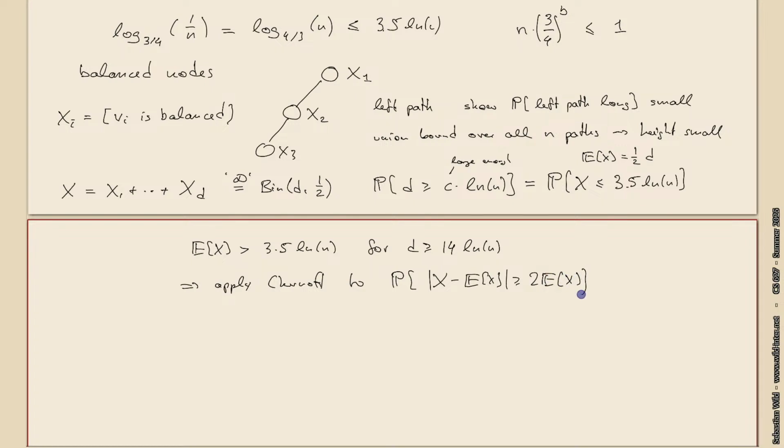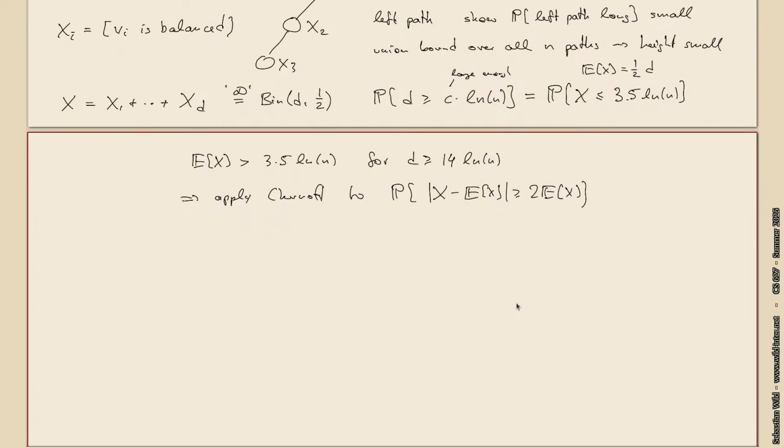So you can apply Chernoff bound to something like this. Now, I'm shortcutting a long computation for 2 reasons. Maybe it's insightful if you try it yourself to figure out what constants can make this work.